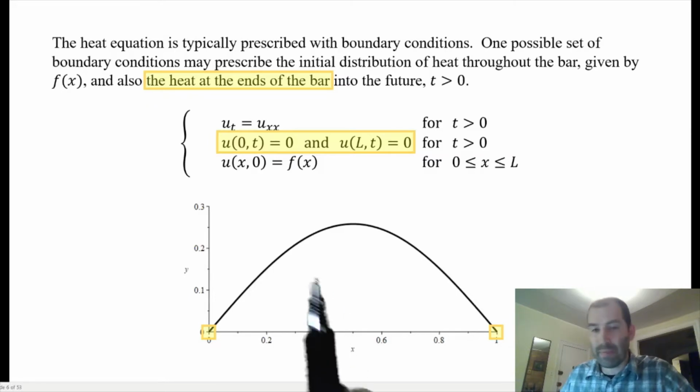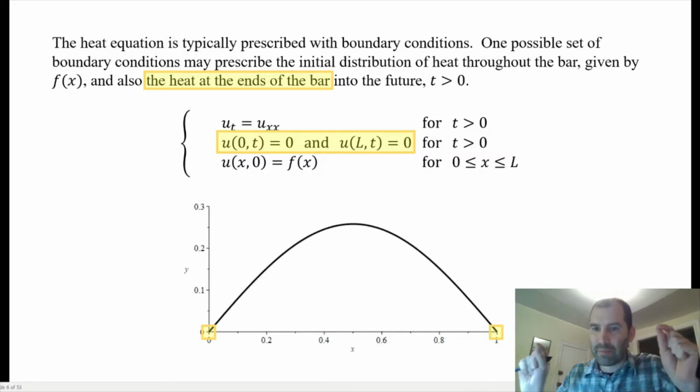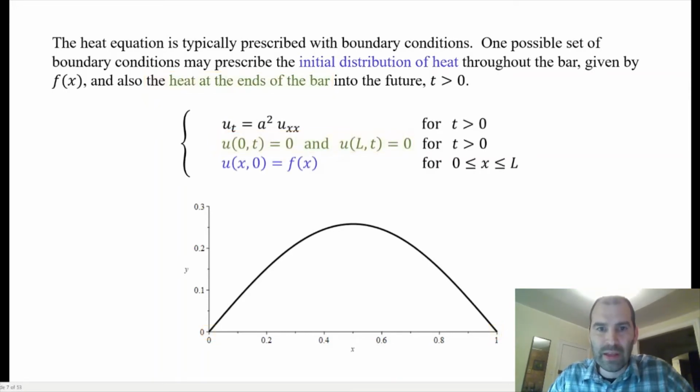And so then we demand that the heat match on the other side, but we don't necessarily know what it is. We just need to know that it matches, so that we would imagine that that would have to happen if the bar was looped around. You wouldn't have a discontinuity in the heat. All right, so there's different boundary conditions you could set here, but these are the ones we're going to focus on in this demo. So we have the initial distribution and the heat at the ends of the bar.